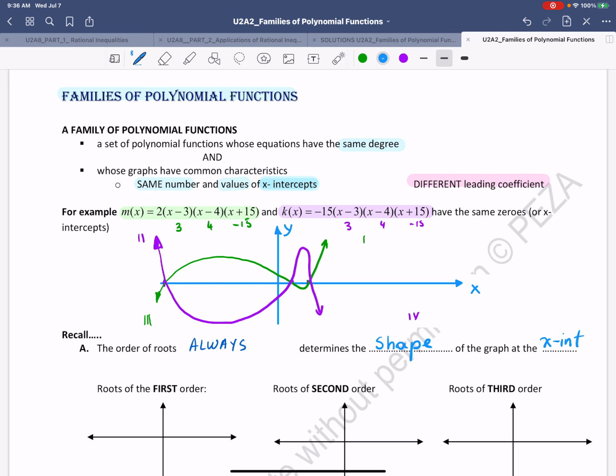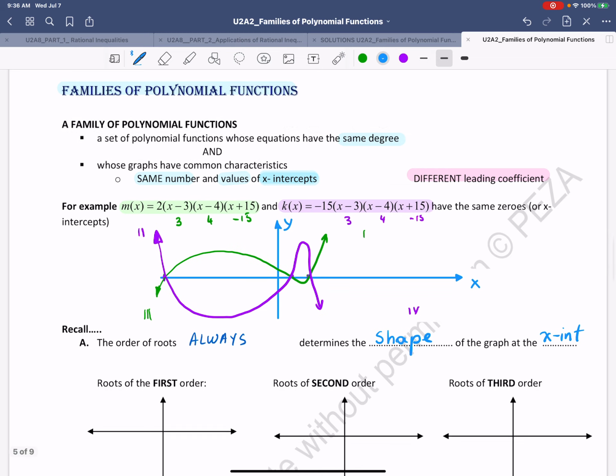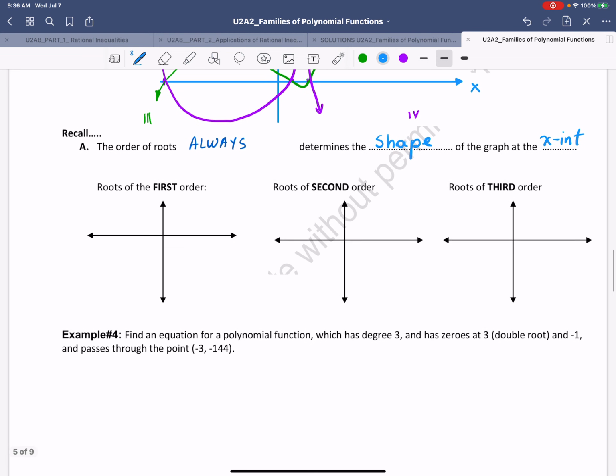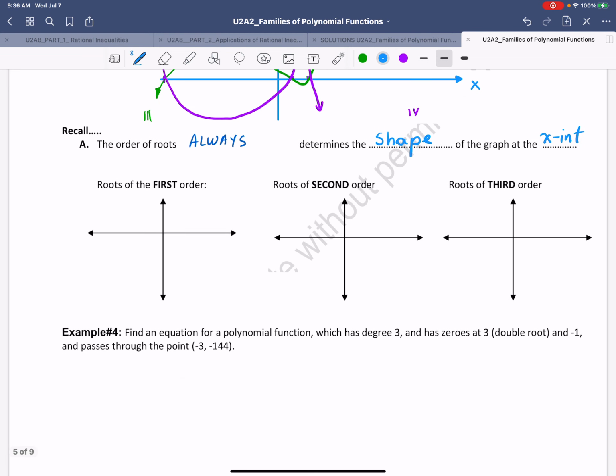It is a very important feature to mention since we will be graphing equations of polynomial functions from the same family. So in a first order root, we will see the graph intersect the x-axis and go from positive to negative y values and vice versa. So it will be a clear, let's say, x-intercept.